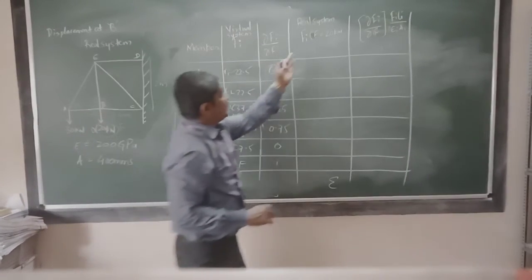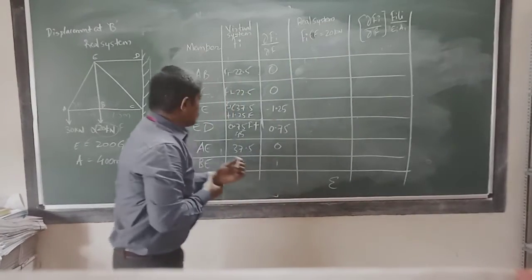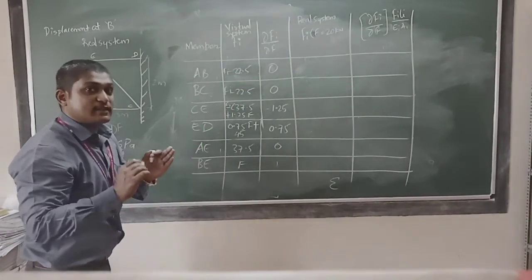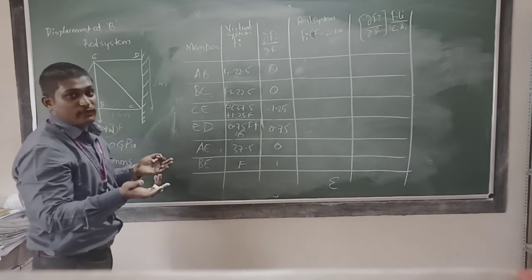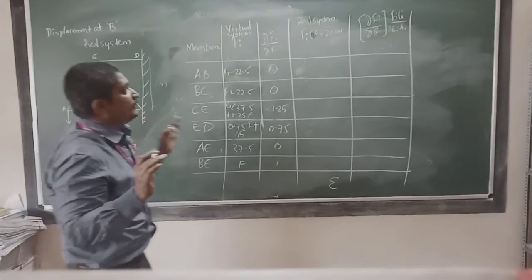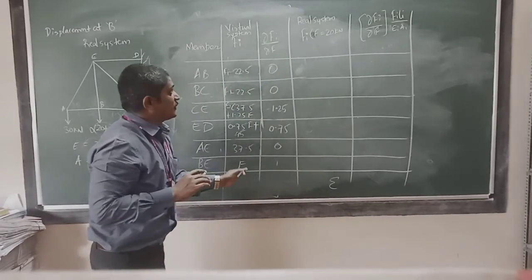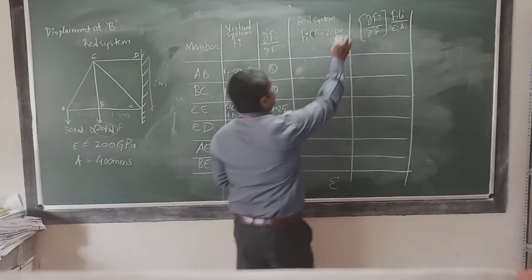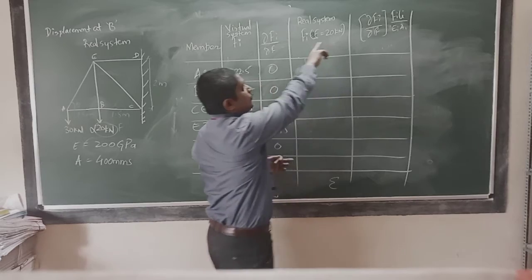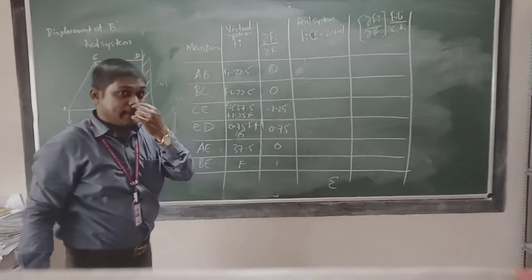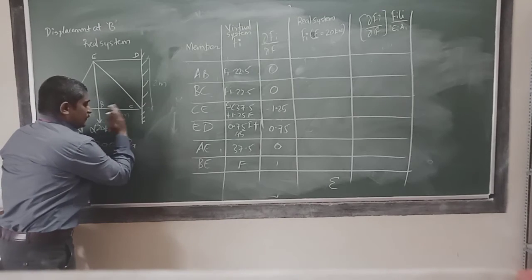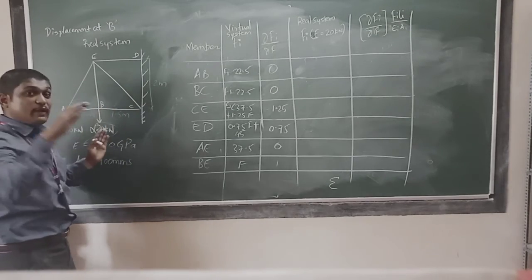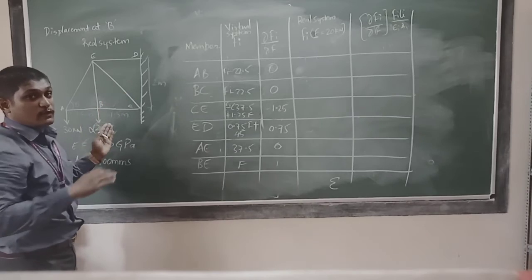Okay, now Fi is there. This is due to the real system. So when I consider the real system, now no need to analyze again by calculating the member forces. Only you have to replace in all these equations, wherever you are going to get this value F, there you have to replace it with the real load, that is 20 kN. Now see here, no need to analyze it again like we used to do in the virtual work principle.